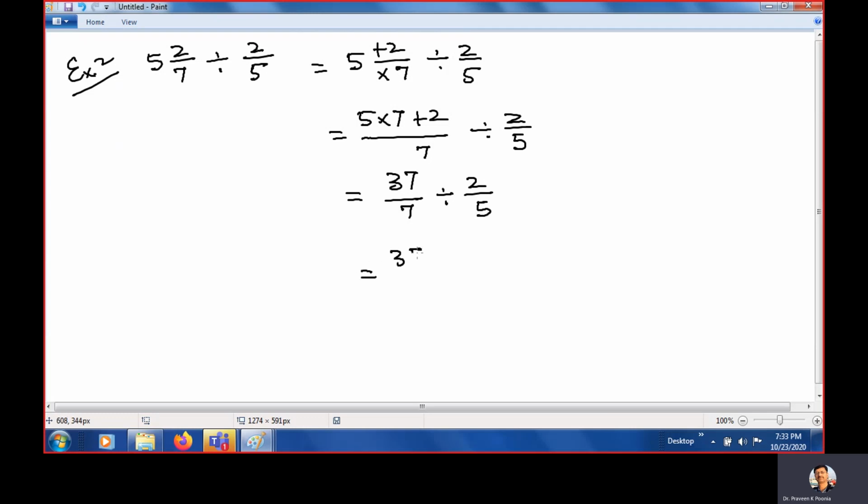Now changing this division into multiplication by taking the reciprocal of this. So what is the reciprocal? 5 upon 2. Now you can multiply this, 37 multiply 5 upon 7 times 2. So what will it be?